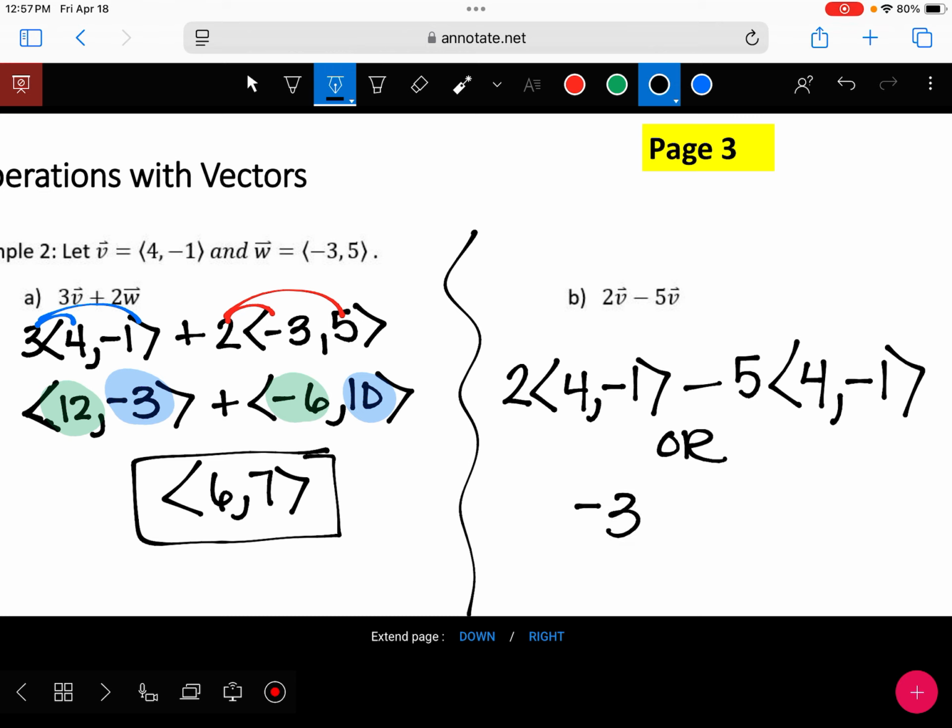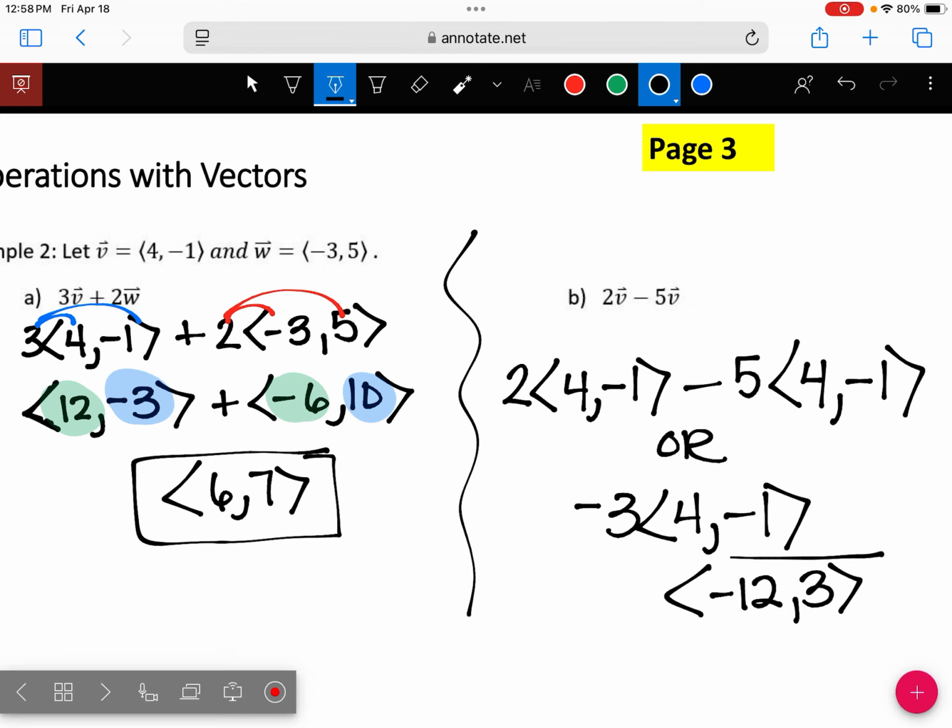So you can also just multiply v by -3. So I've given you 3 different options. Go ahead, choose one to get your answer. Yep, either one.